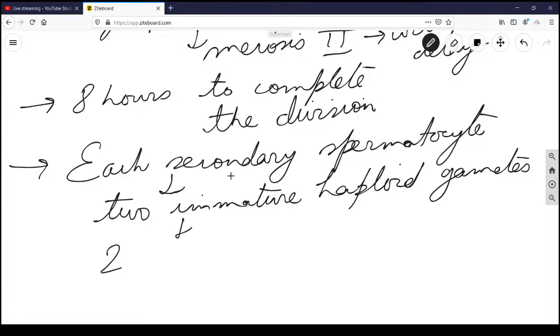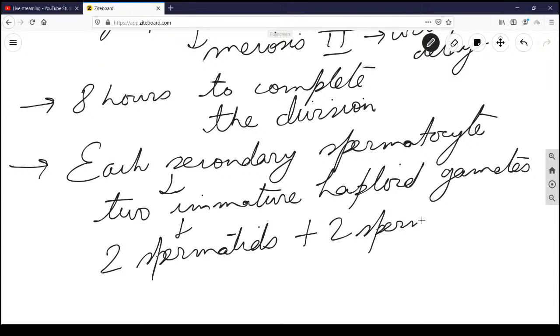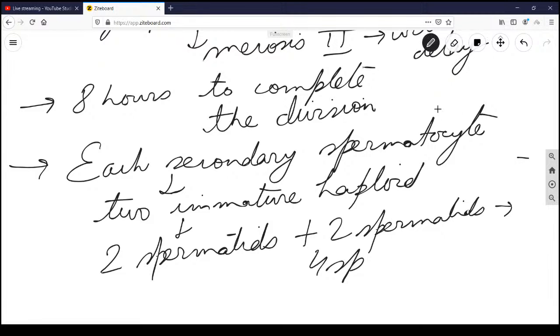So in total, 2 plus 2, the total number of spermatids will be 4. Four spermatids would be produced.